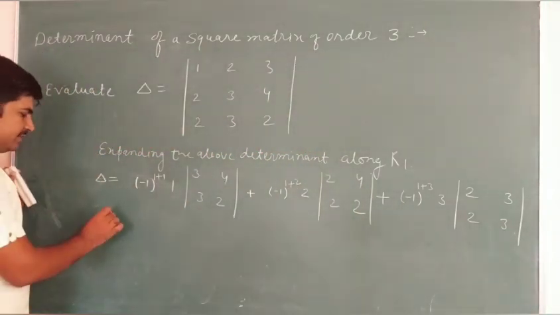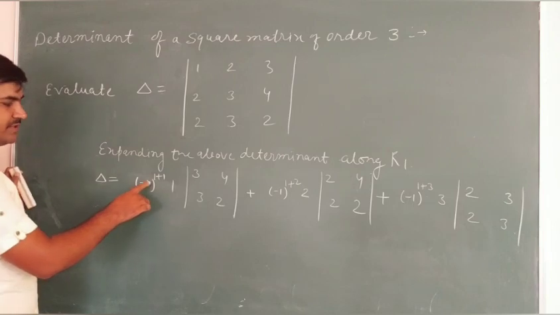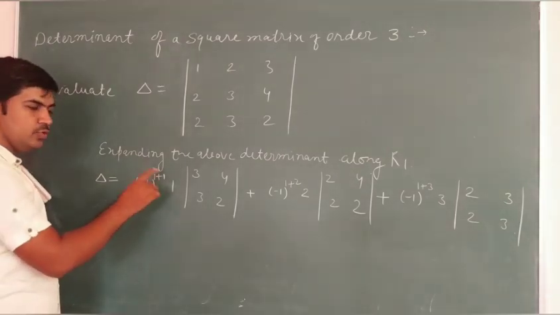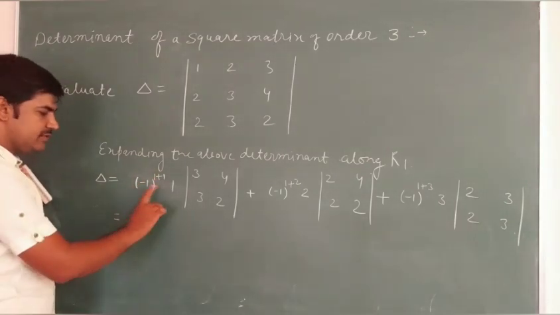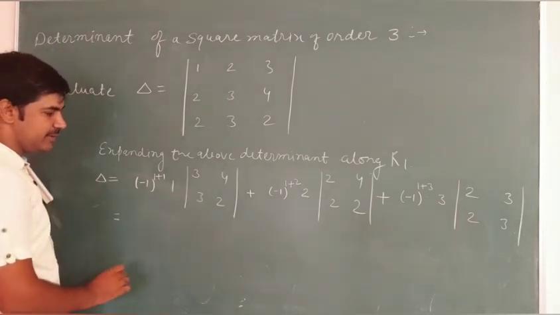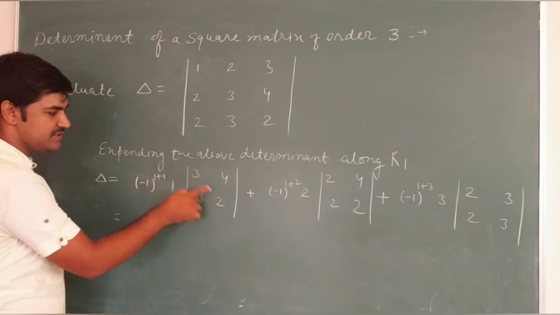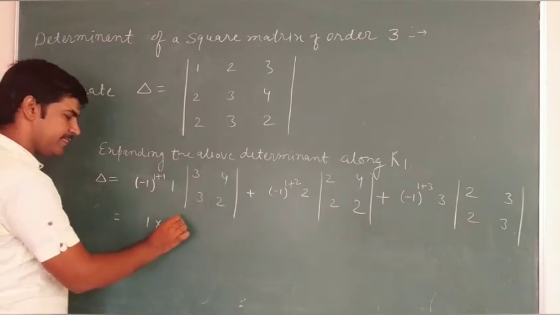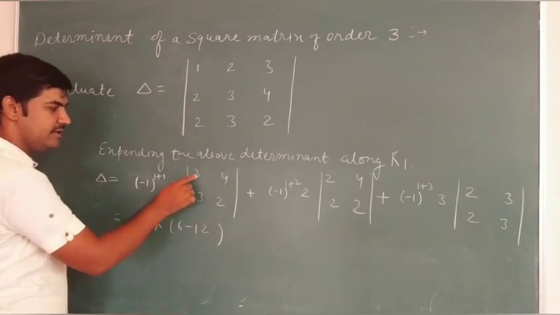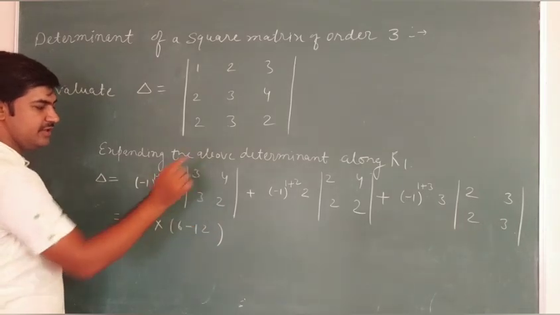Now dear students, since minus 1 raised to the power 2 is plus 1, we get plus 1 multiplied by 1 and times this determinant, whose value is 6 minus 12, that is 3 times 2 and 3 times 4.